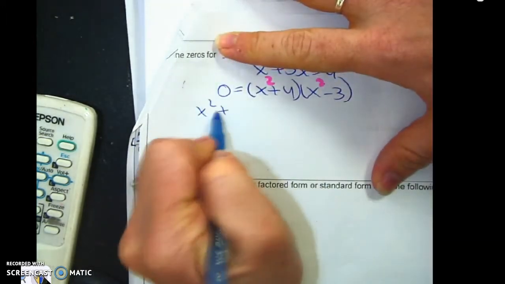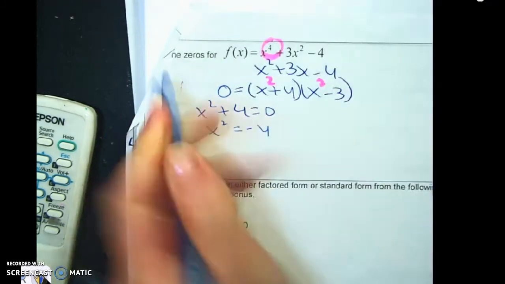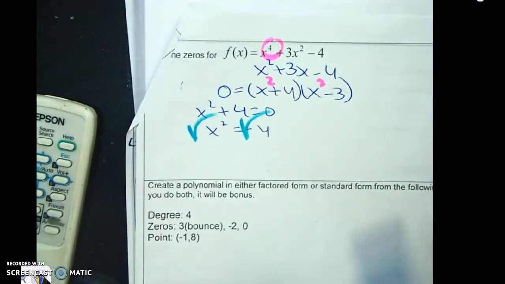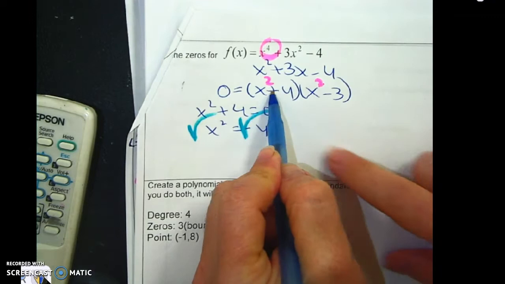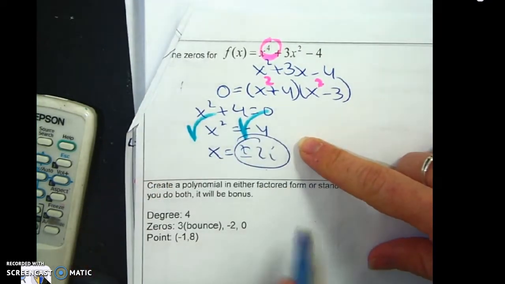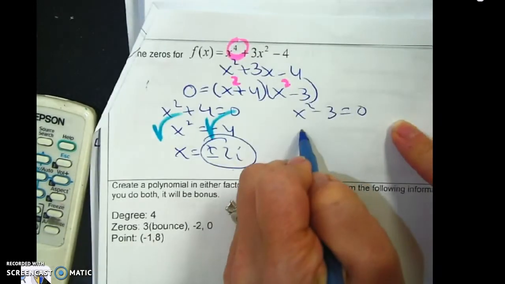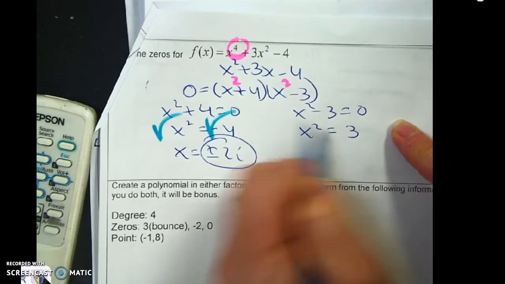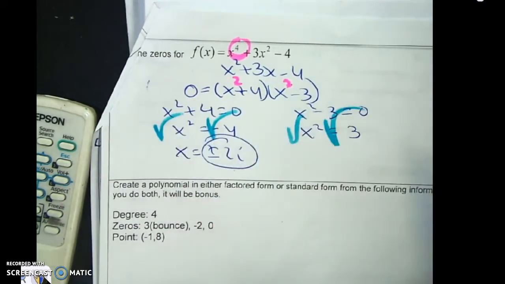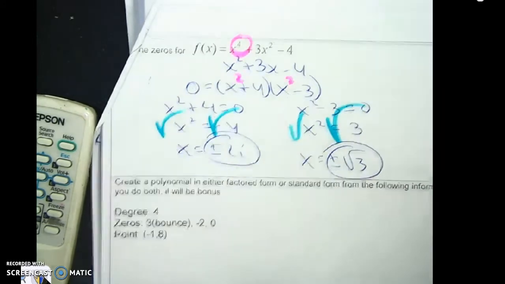If I set x squared plus 4 equal to 0, I subtract 4, and then I square root. I can't take the square root of it there because it's a plus. And then I get x equals plus or minus 2i, so there's 2 answers. Then I go x squared minus 3 equals 0, add 3, square root, x equals plus or minus rad 3. So there's my 4 answers.